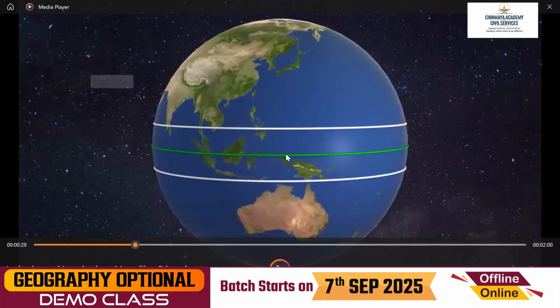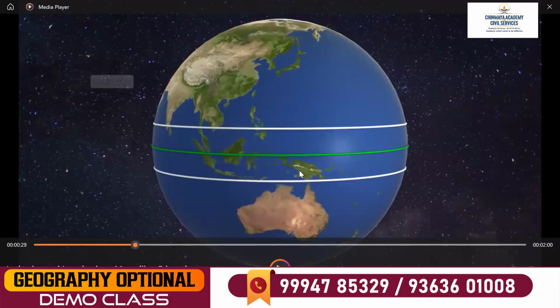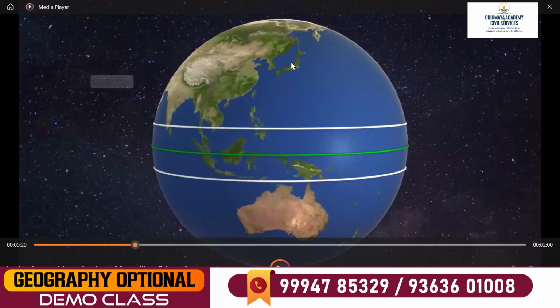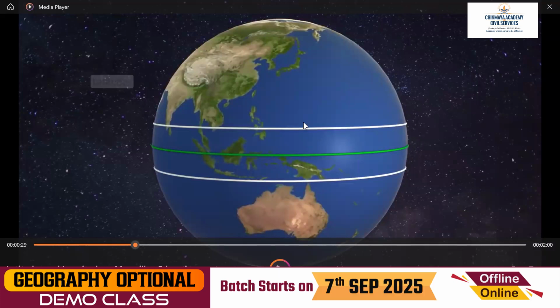This is the equator, two equal parts, the earth. So I can cut it at the center. If I want to give more apple to a person and less to another person, I can cut here. If I cut the apple here, the small piece will be given to one person, the big piece will be given to another person. What does it mean?